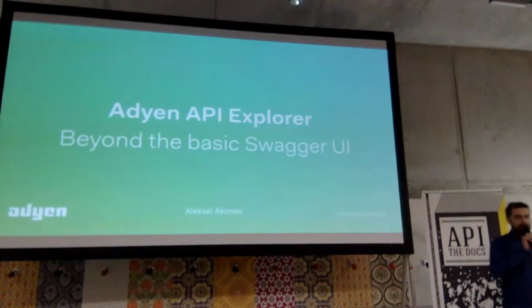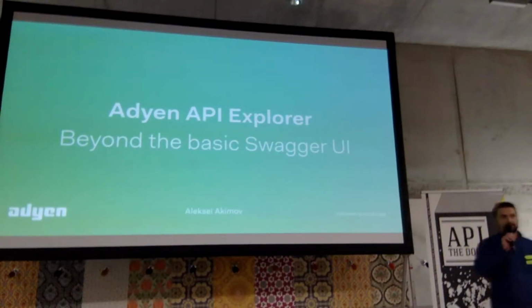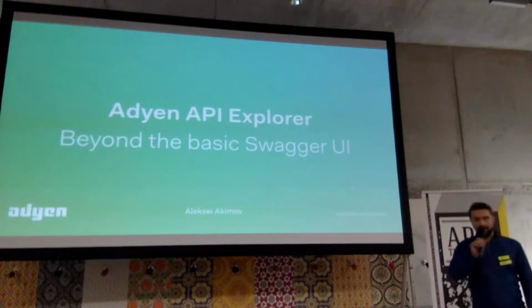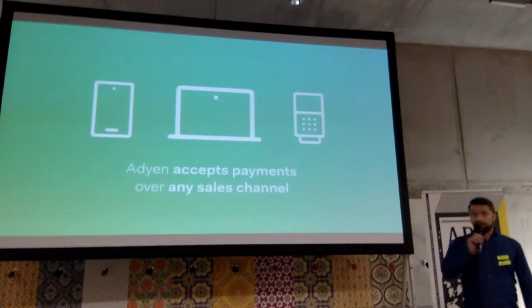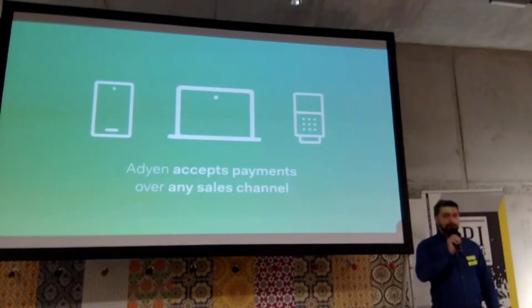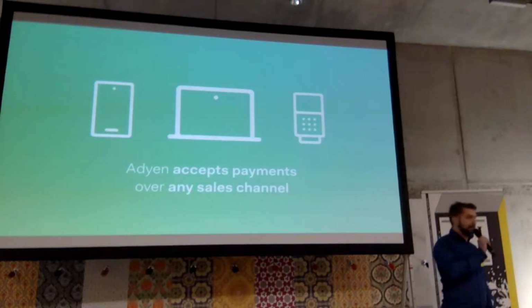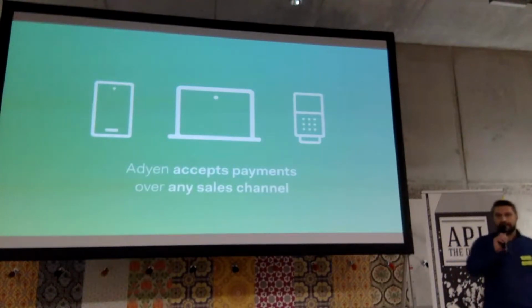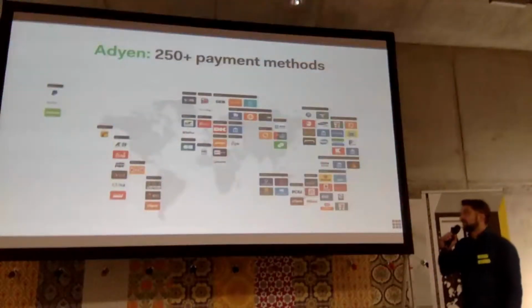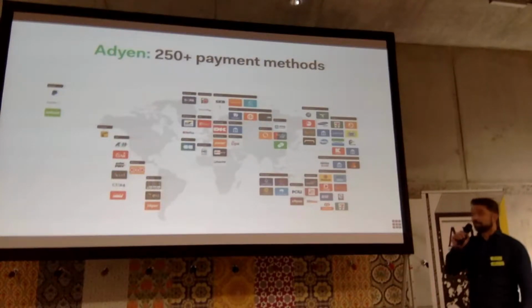As technical writers, you probably know that it's often useful to start with prerequisites, and in our case, this is the API which we actually need to document. I hope that many of you already heard about Adyen, but if you don't know, Adyen is a payment service provider. We accept payments on different devices, on mobile, on web, on point of sale, and we support more than 250 payment methods all over the world.